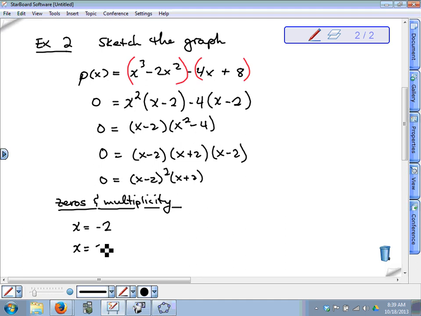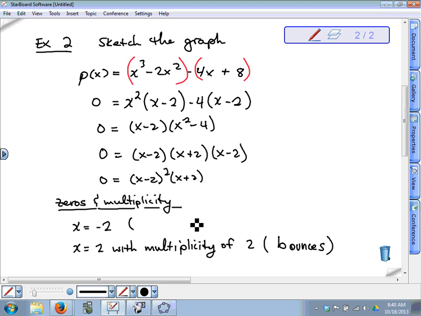But x equals positive 2 with multiplicity of 2. Now, I always do this just to help me remember. You don't necessarily have to do it this way, but it may help you remember. What's the behavior then of that particular x-intercept? If it has a multiplicity of 2, am I going to write the word crosses or bounces in this parenthesis? Bounces.